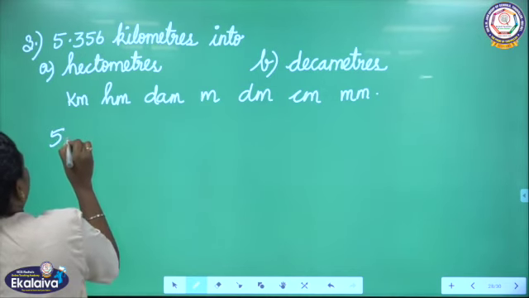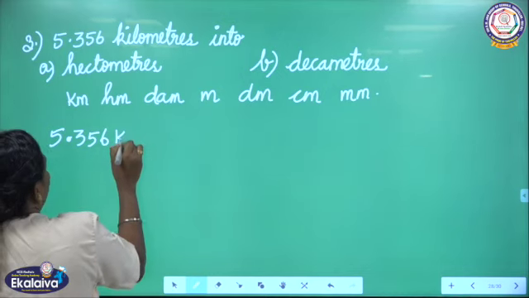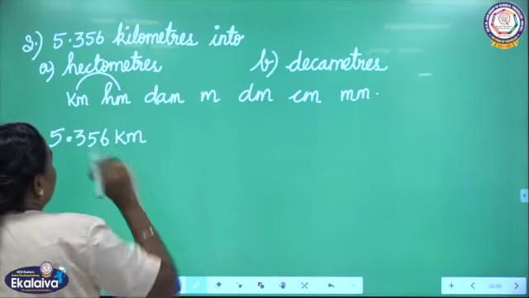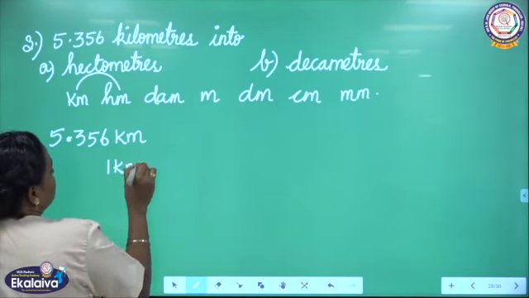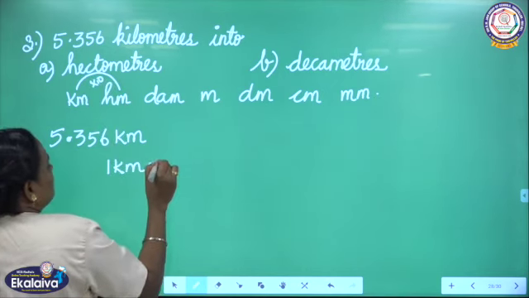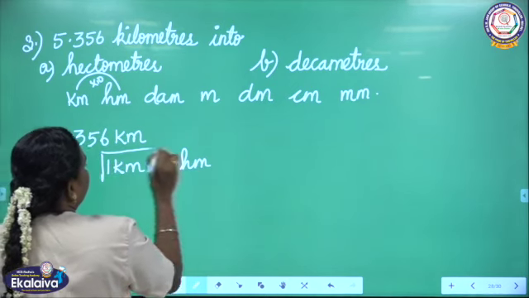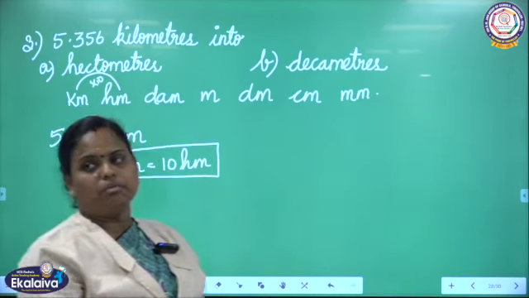So you write 5.356 kilometer. 1 kilometer equal to how many hectometers, children? 1 kilometer equal to 10 hectometer.